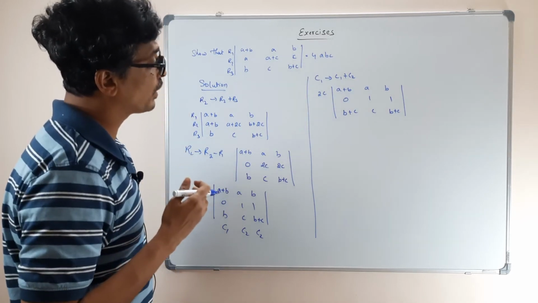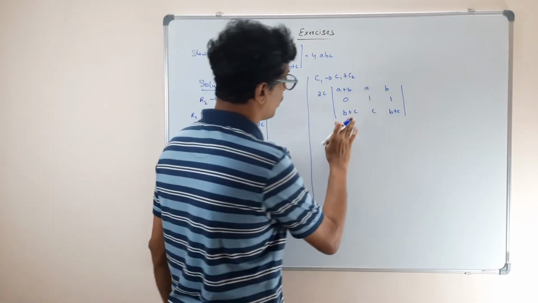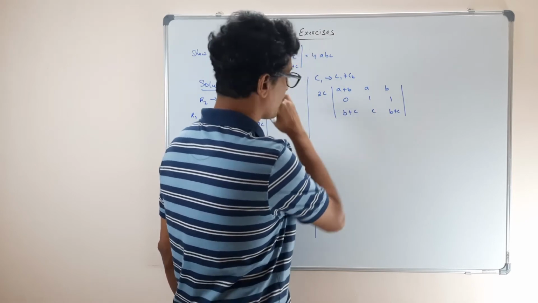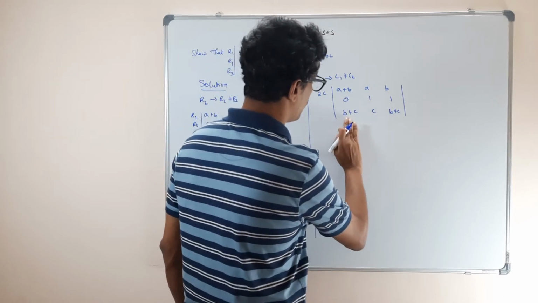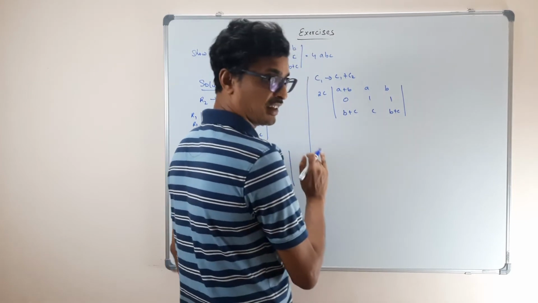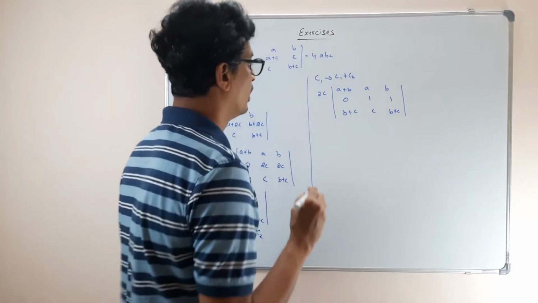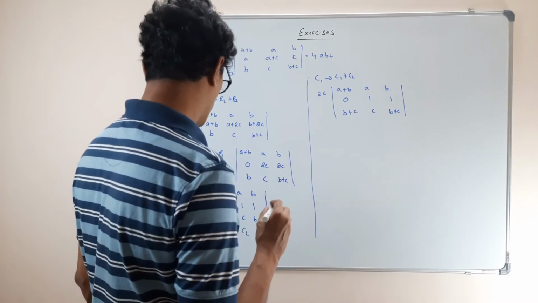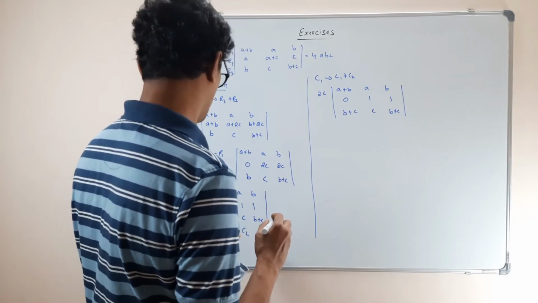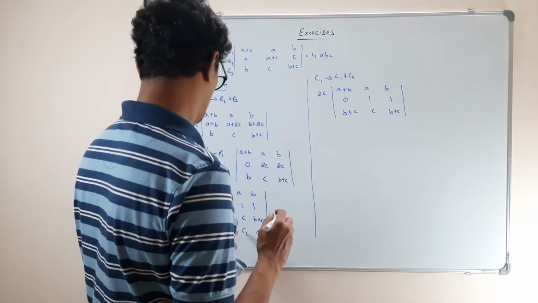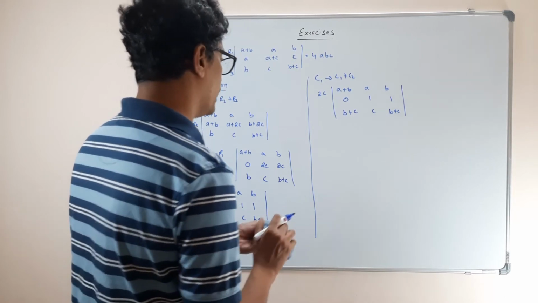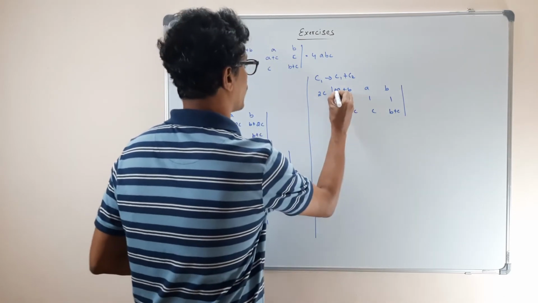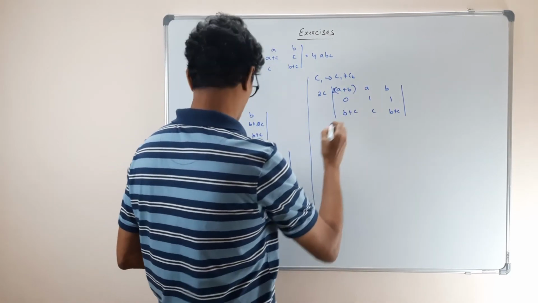Then we want to make this 0, correct? Then only the lower part will become 0. If you're adding C1 plus C2, then it will be 2A plus B, right? 0 0 will become 2.